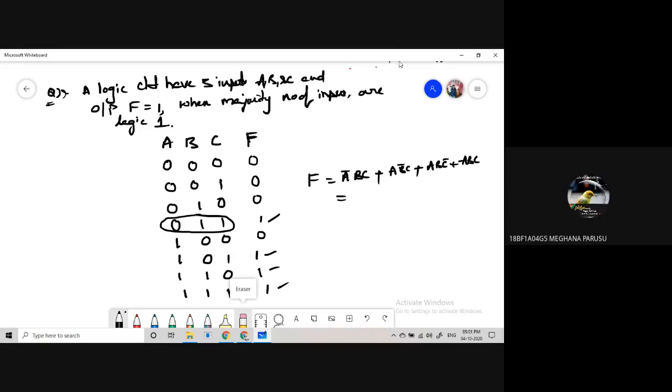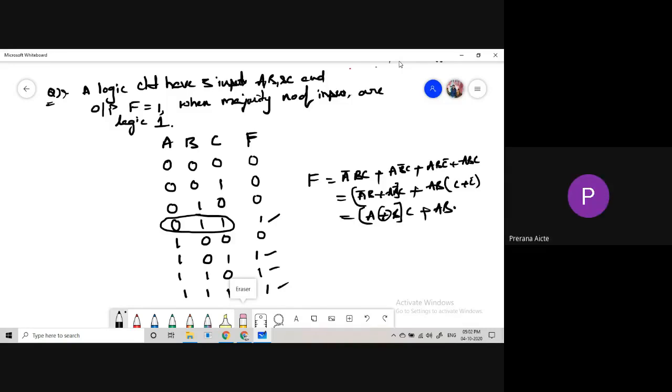C. A bar B plus A B bar, into C, plus AB into C bar plus C. So it becomes A XOR B into C plus AB. So this is also one of the reduced expressions.